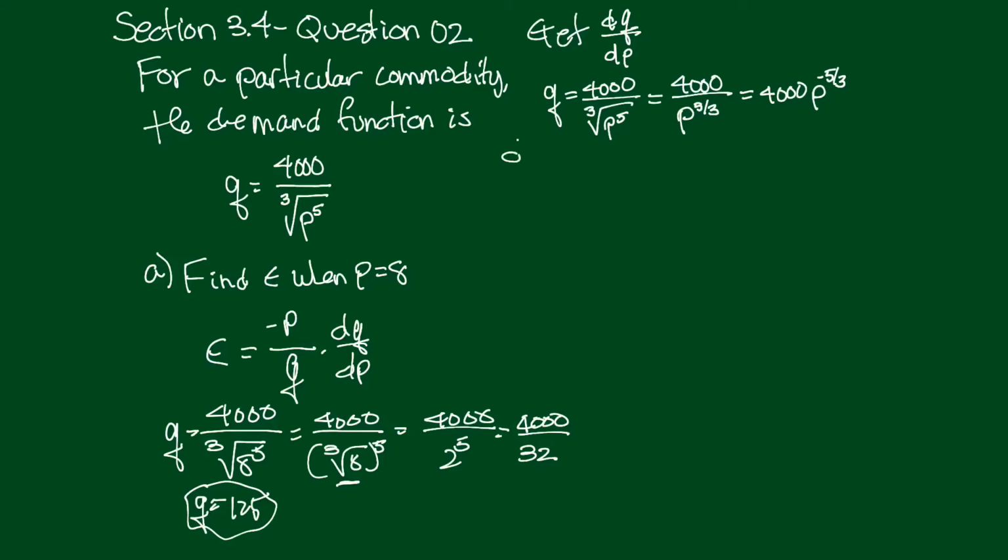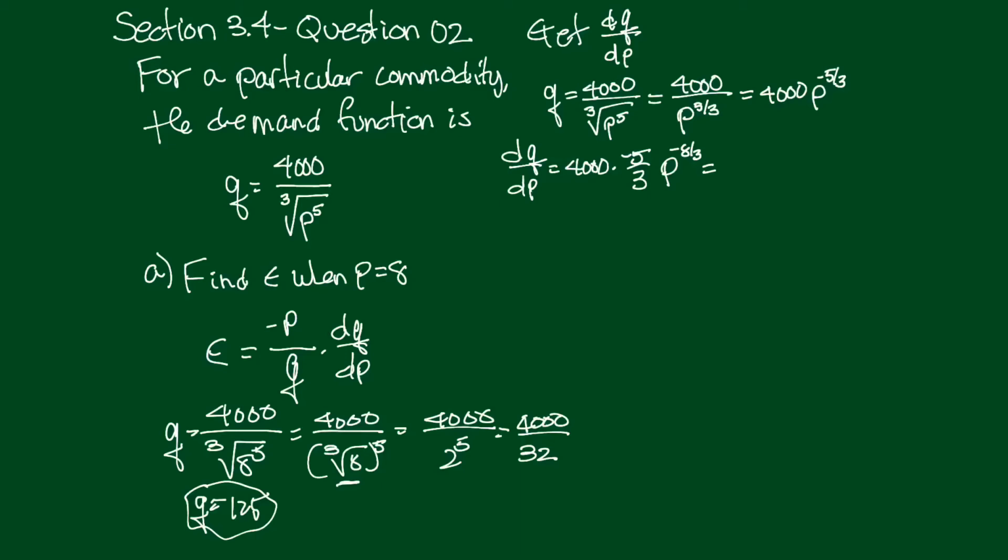Now, let's get dQ/dP. 4,000 is going to come along times, bring that negative 5/3 down. P, decrease the exponent by 1. Negative 5/3 minus 1. Negative 5/3 minus 3/3 is negative 8/3.